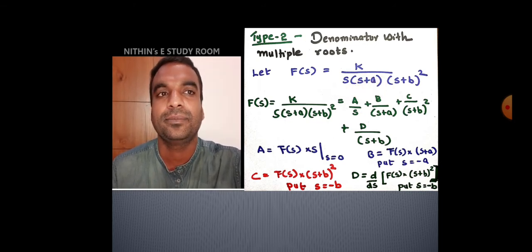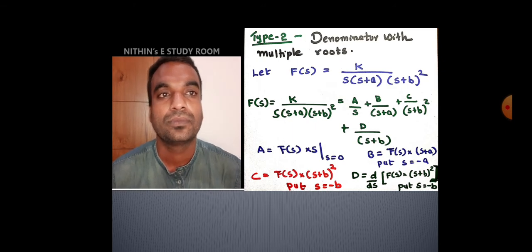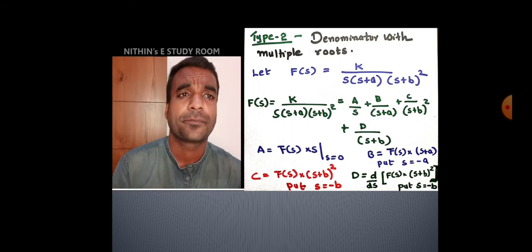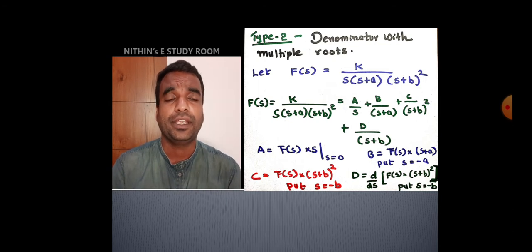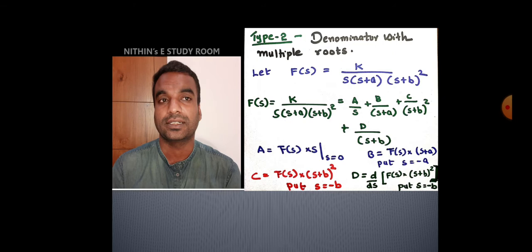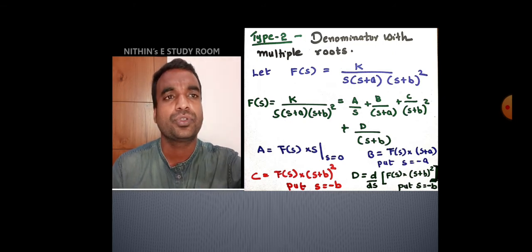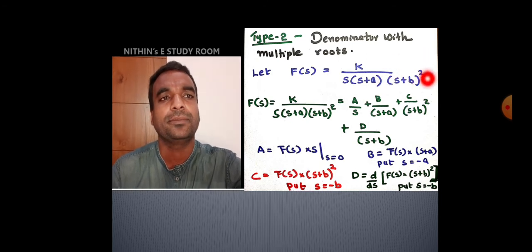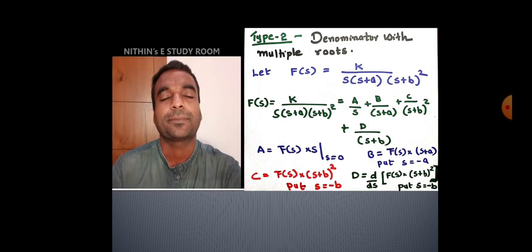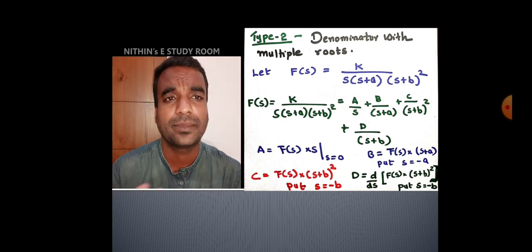For the third term, (s+b) squared is equal to 0, so you will get (s+b)(s+b), so s = -b and -b. Two roots are there, so multiple roots are there. Due to the presence of this square term, we can't exactly apply the previous method. We have to make some adaptations.